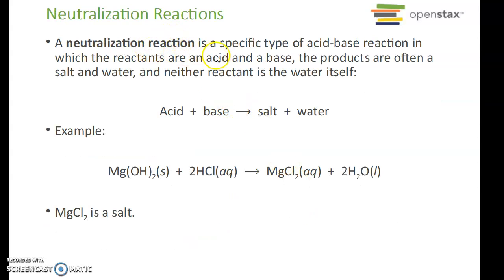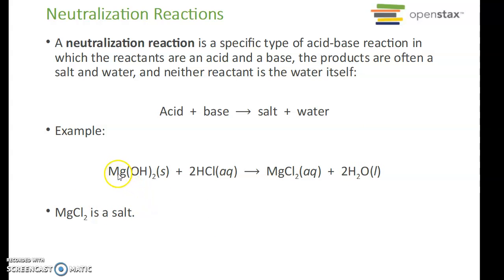It's not completely all on one side or completely all on the other side. A neutralization reaction is a specific type of acid-base reaction in which the reactants are an acid and a base, and the products are a salt and water. If you have magnesium hydroxide and you put that into an HCl solution, you're going to get a salt, magnesium chloride, and water. So magnesium chloride is a salt.